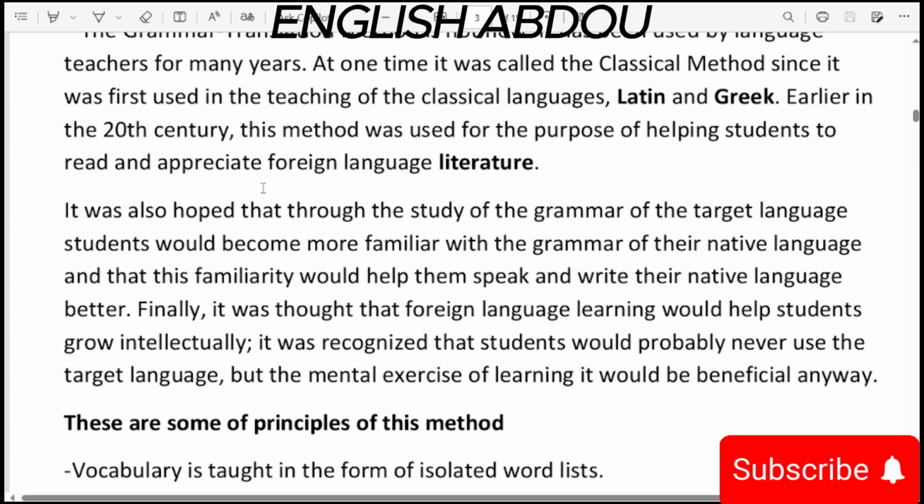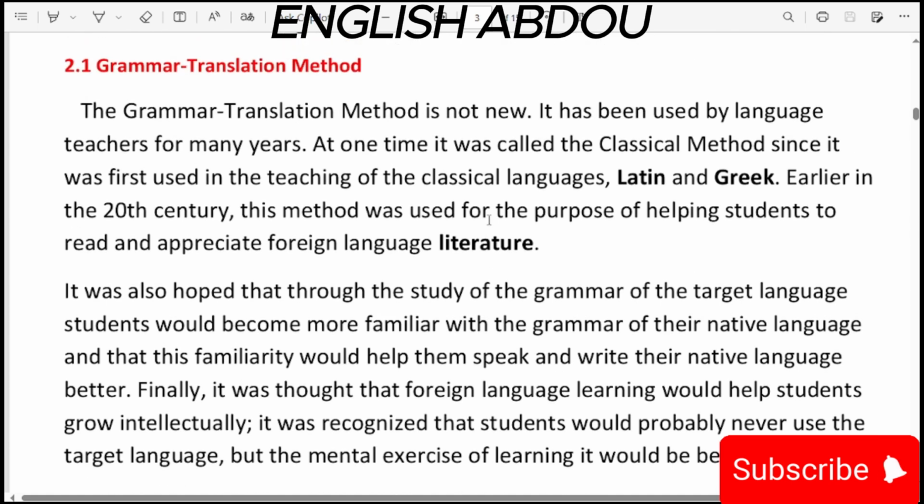So when students study the grammar of the target language, they will better understand the grammar of their own language. In order to summarize all this, you don't have to take all these notes, but it is important to understand the main points, because on the day of the exam you have to know how to apply it and collect examples from real life.